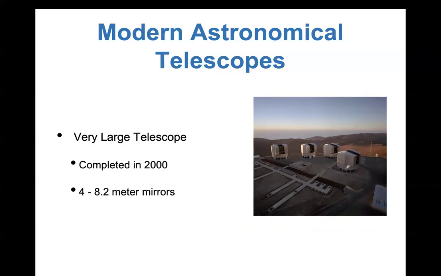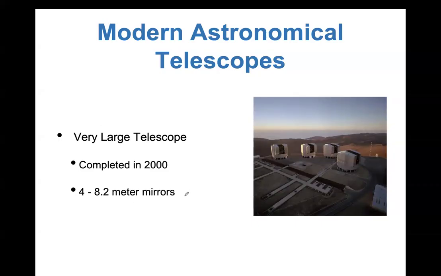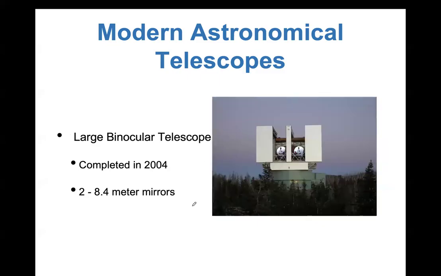We have a set of four telescopes operating together, and each one is 8.2 meters. They're also reflecting. Notice they're bigger, by a few meters. Four of them working together can either look at four separate things or look at the same thing at slightly different angles and compile those images.